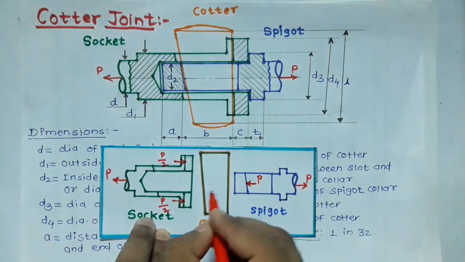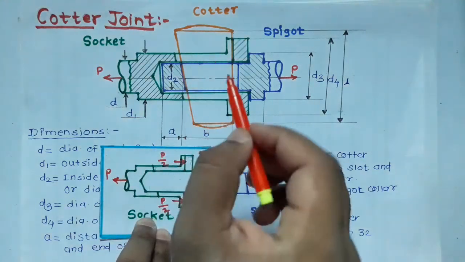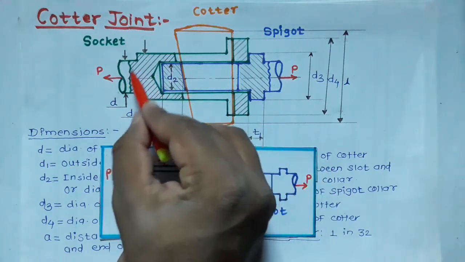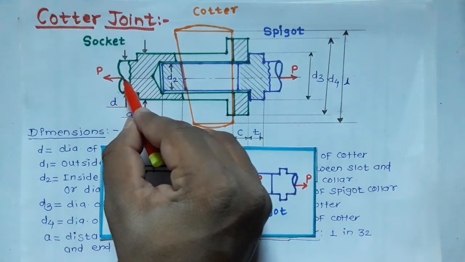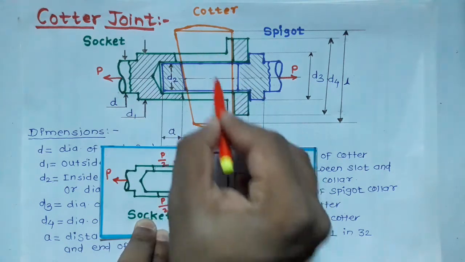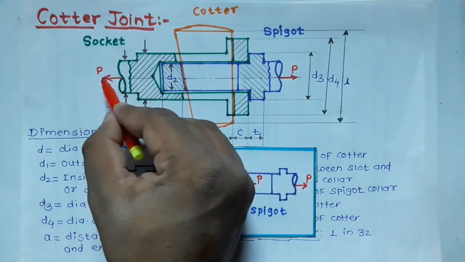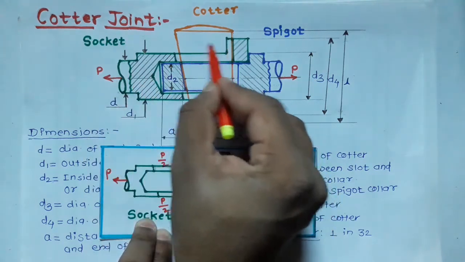Now here if you look at this assembly, this socket is pulling this Cotter towards left side. This socket on which the force is applied towards right side, it is pulling this Cotter towards left.